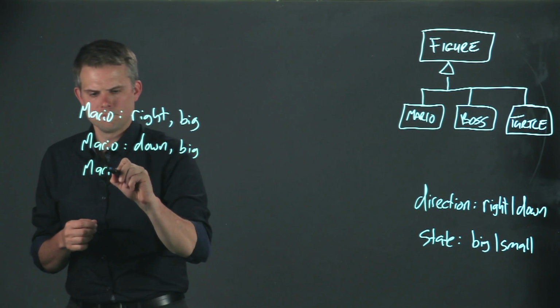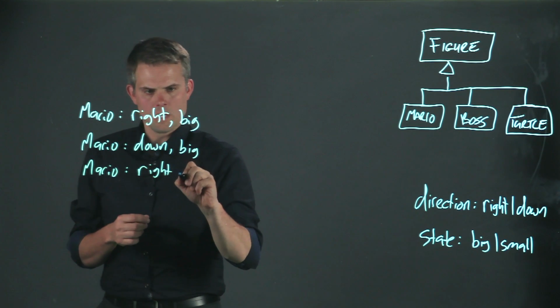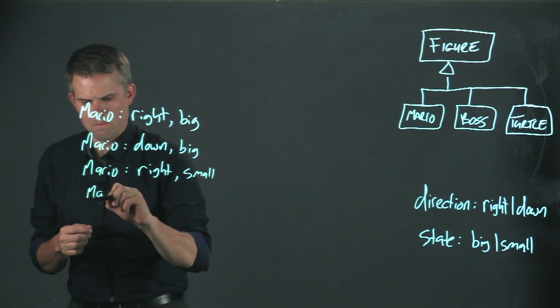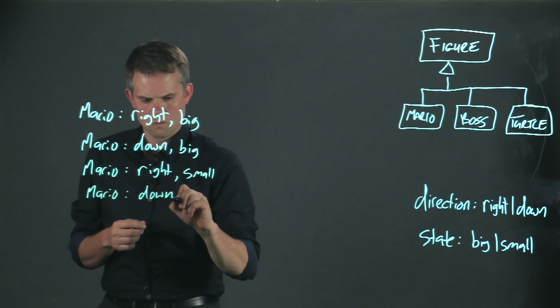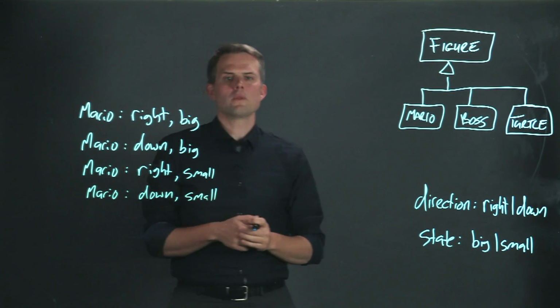Mario, who is moving right and is small. And Mario, who is moving down and is small. These are the 4 Marios that we actually care about.